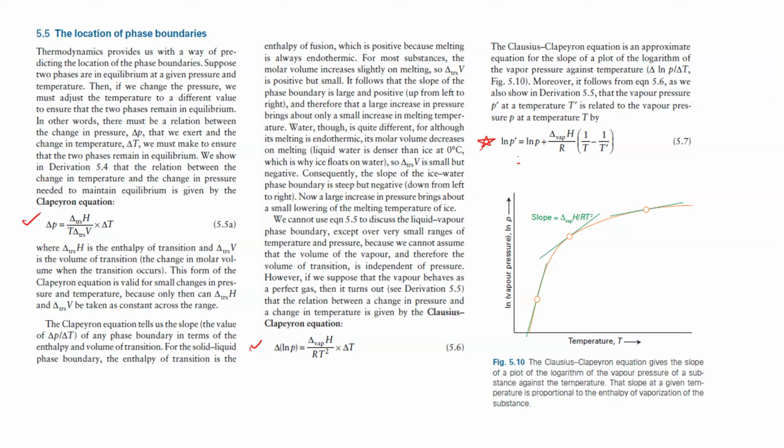The Clausius-Clapeyron equation gives us the slope of a plot of the logarithm of the vapor pressure of a substance against the temperature. The slope at a given temperature is proportional to the enthalpy of vaporization of the substance. So this term here actually gives us a really nice slope term at any single point.